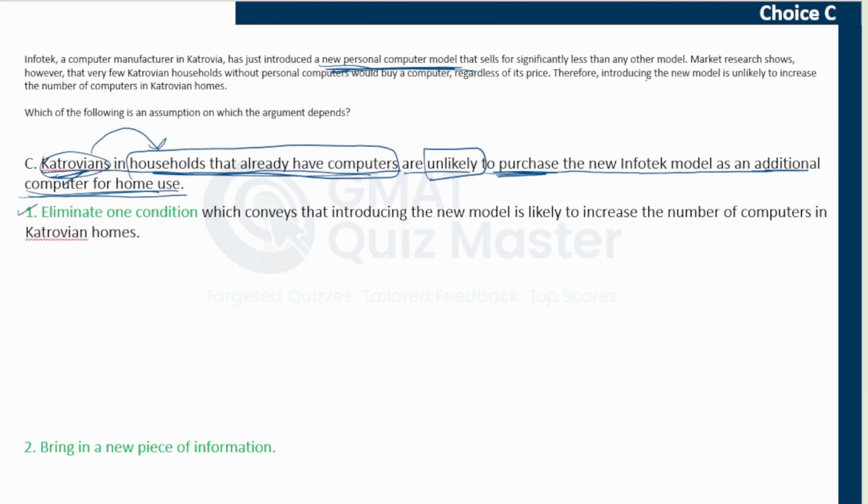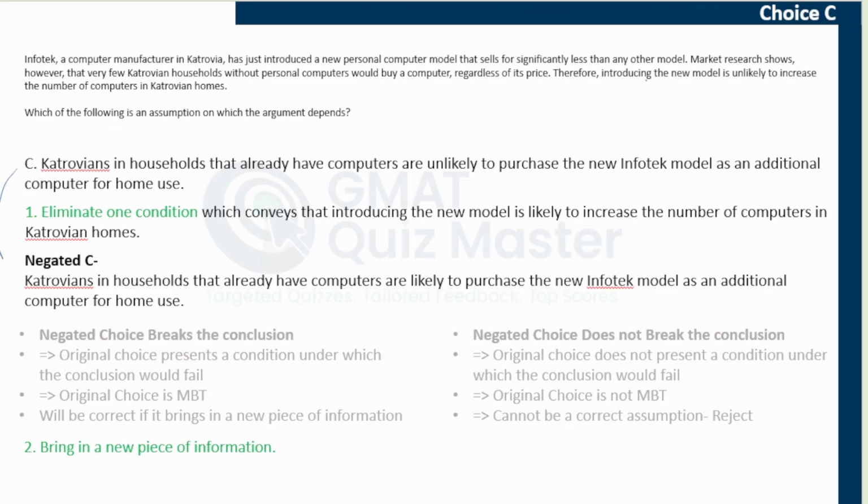Let's check if it eliminates one condition which breaks the conclusion. So we will negate choice C, and the negated choice is: Ketrovians in households that already have computers are likely to purchase the new Infotech model as an additional computer for home use.